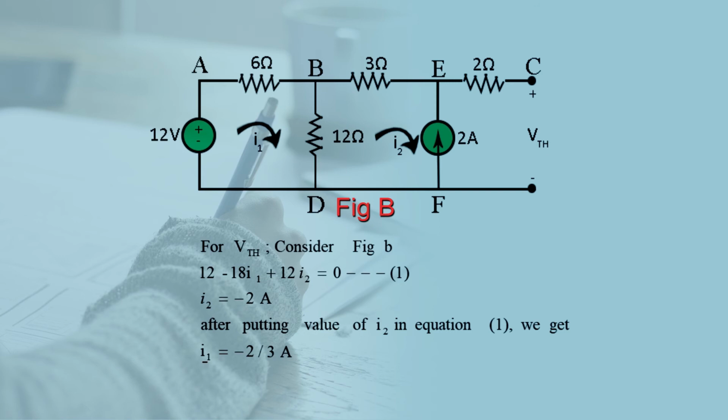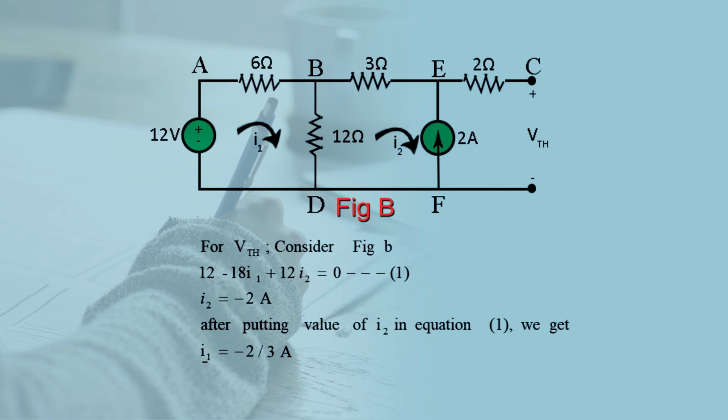So you can write 12 minus 18 I1 plus 12 I2, because there is another current I2 also flowing in loop 2, which is also flowing from terminal D to B. So the polarity of this I1 and I2 are opposite, so it can finally be written 12 minus 18 I1 plus 12 I2 equal to 0. Here you can also notice that there is one current source connected between terminals E and F, and its value is 2 ampere, and we have assumed one loop current I2.